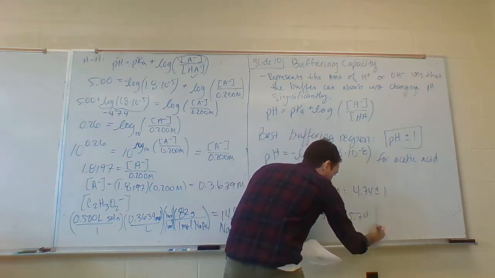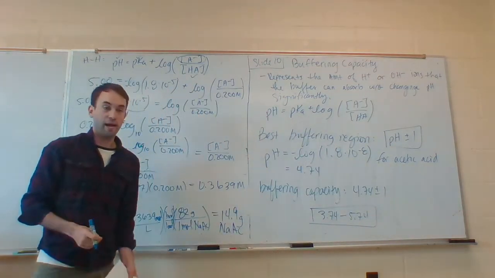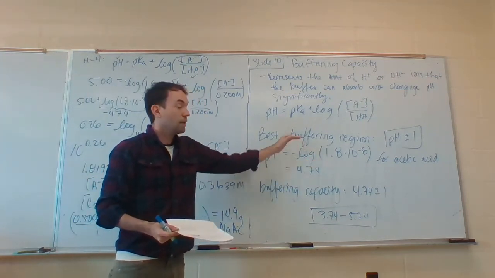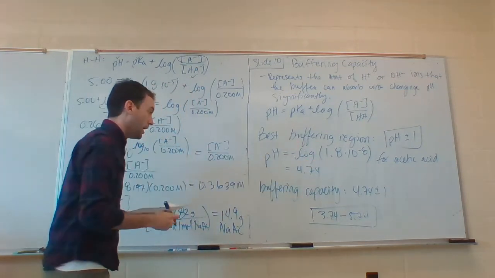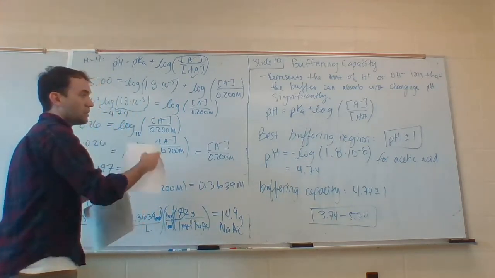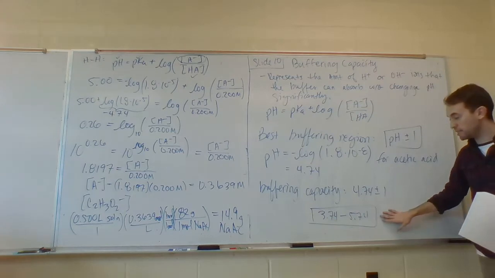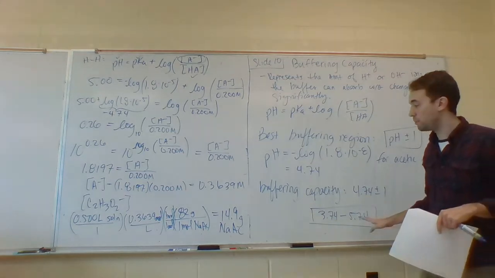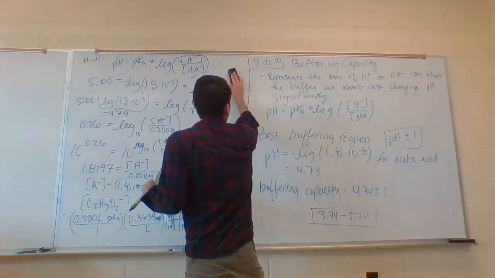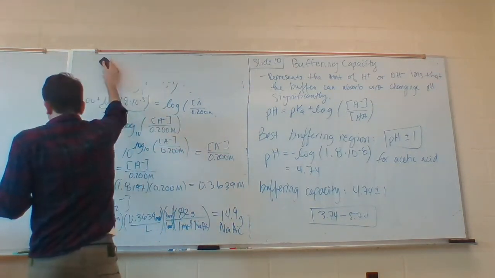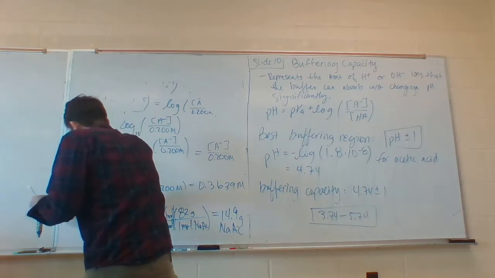So that would be your buffer range for this acid in that region, okay? So again, it's not very hard. You just find your pH, then you add and subtract 1 value from that pH. And that's going to be your best buffering capacity. Right?